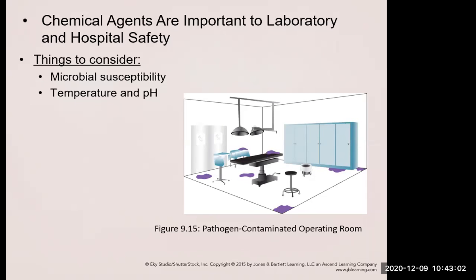Certain chemical agents are going to act at an optimal pH or an optimal temperature, so that's something to consider. Something might only function if it's at room temperature, but not function at an acidic pH and a low temperature. So that's something to consider. So this is the pH and the temp of your chemical agent, not the microbe.